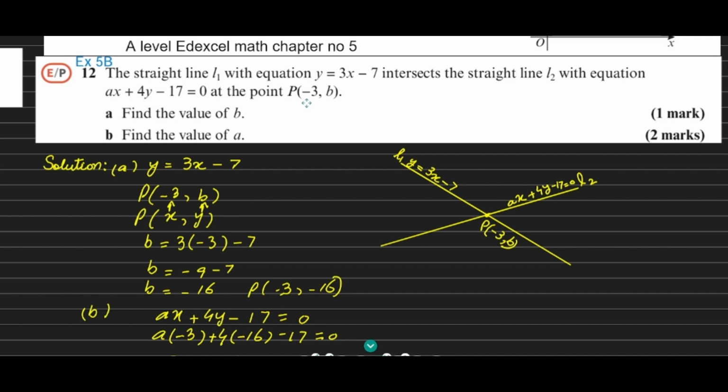First of all, as the point P lies on the line, we replace this value in place of x and y in the given line equation. In place of x we write minus 3 and in place of y we write the value of point B. Now 3 into minus 3, this is the value of B. In the second part we find the value of A. Now as the point is (minus 3, minus 16), as this point lies on the second line ax plus 4y minus 17 equal to 0, we apply this point on this equation.